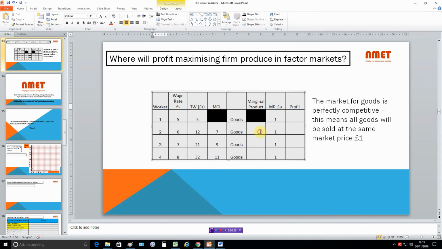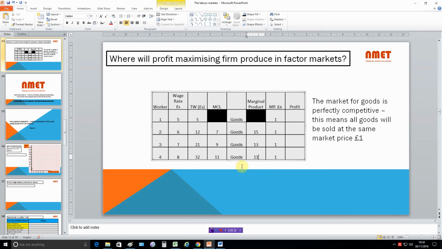Now, let's say the second worker adds the marginal product, that's a 15. I'm making this example as we're getting along. And let's say the third worker adds 13, and the first worker adds 11.